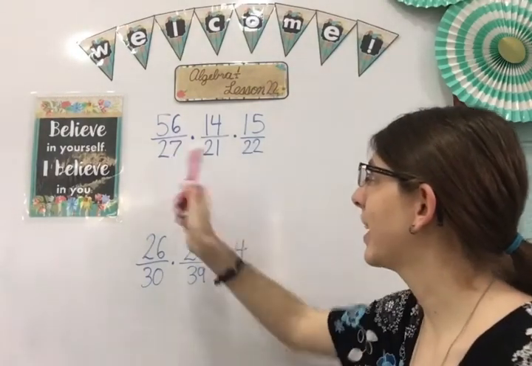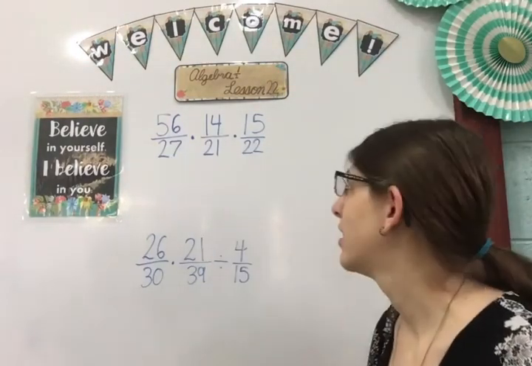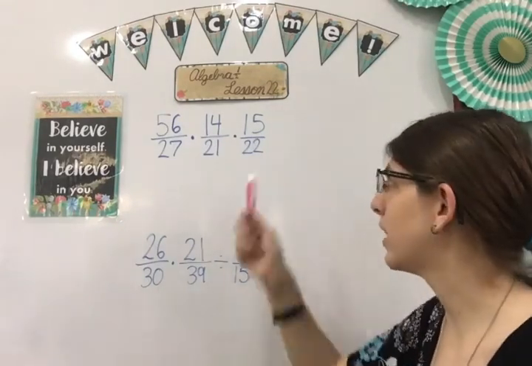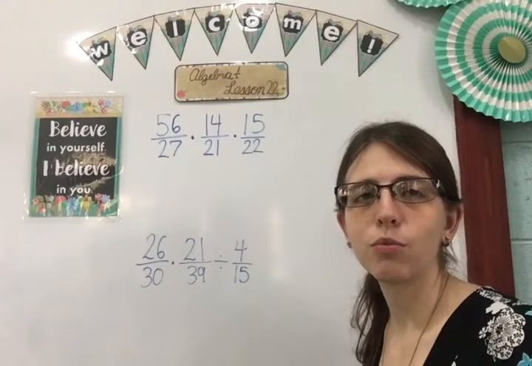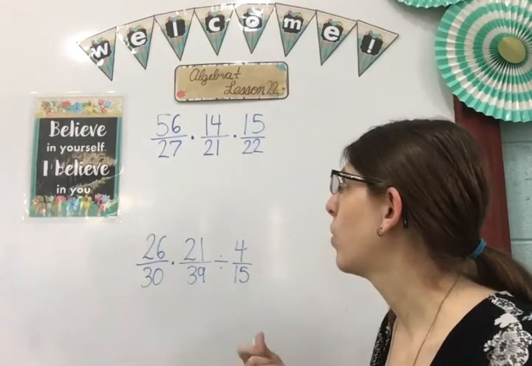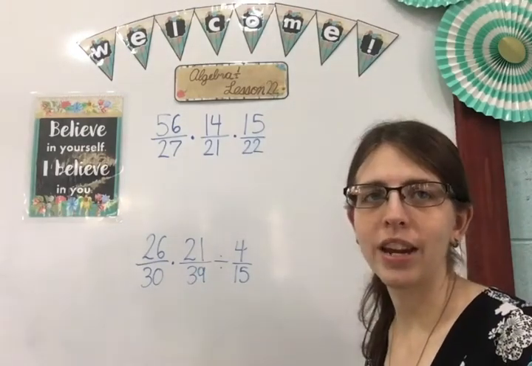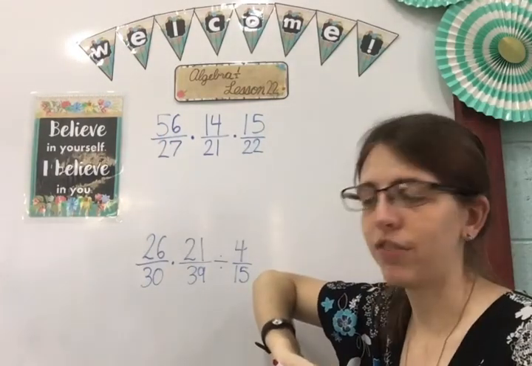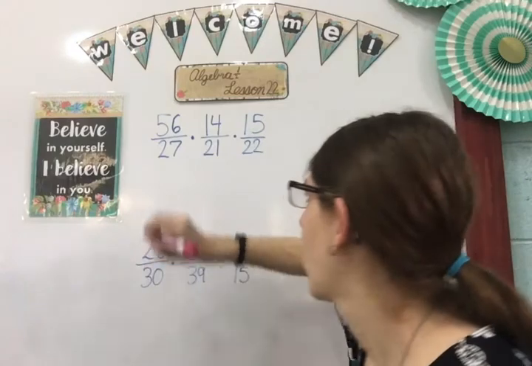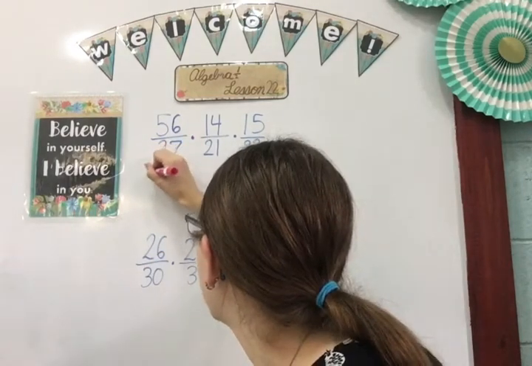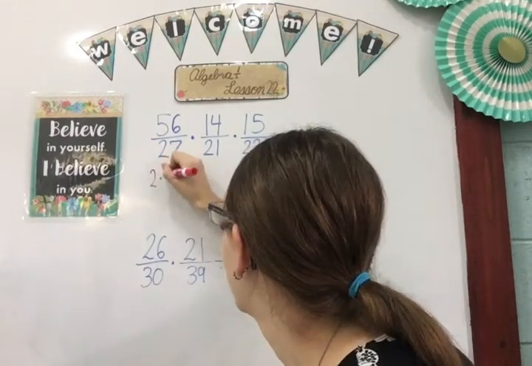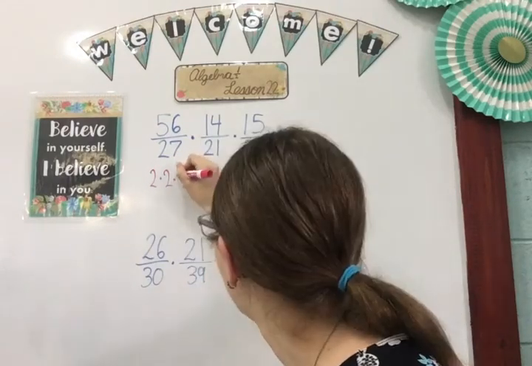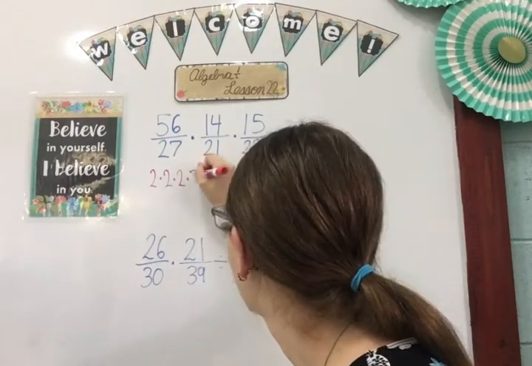So I have 56 over 27 times 14 over 21 times 15 over 22. I'm going to rewrite this problem with each of my fractions written out as prime numbers. So the prime factors of 56, well, those would be 2 times 2 times 2 times 7.